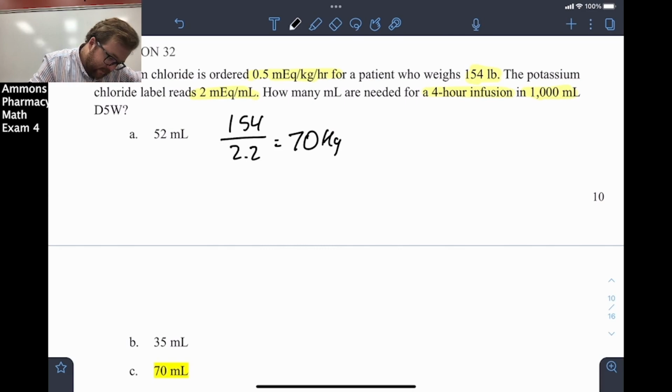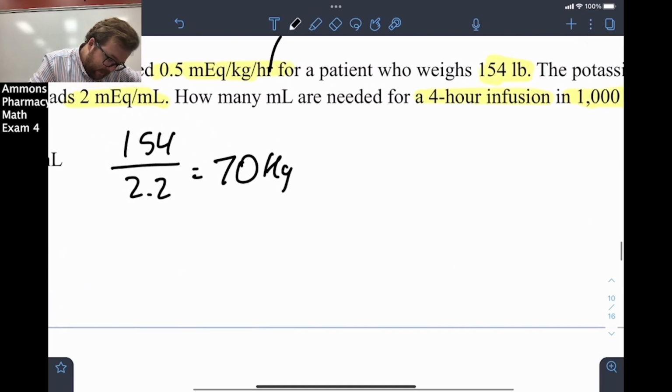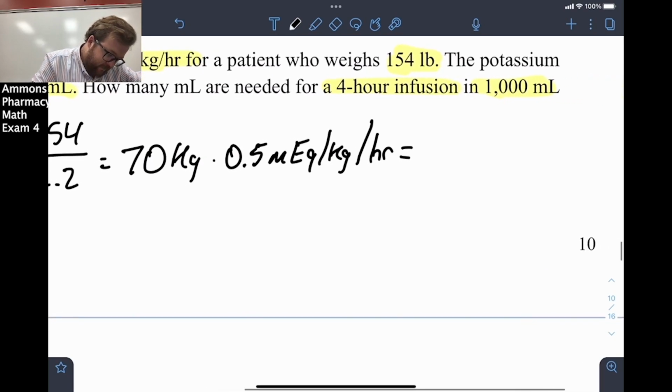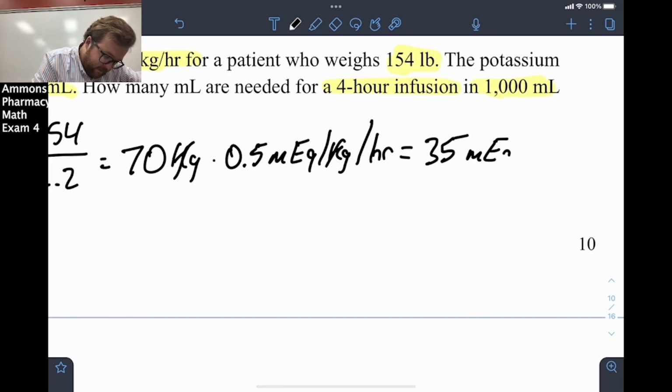They weigh 70 kilos. And they need 0.5 milliequivalents per kilogram per hour. So they need 35 milliequivalents per hour.